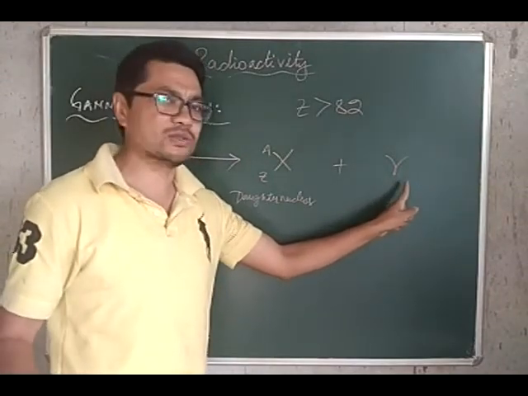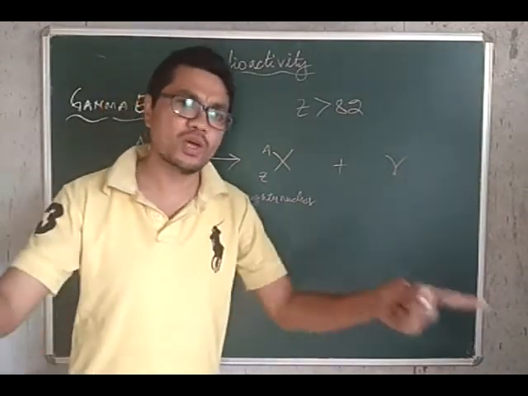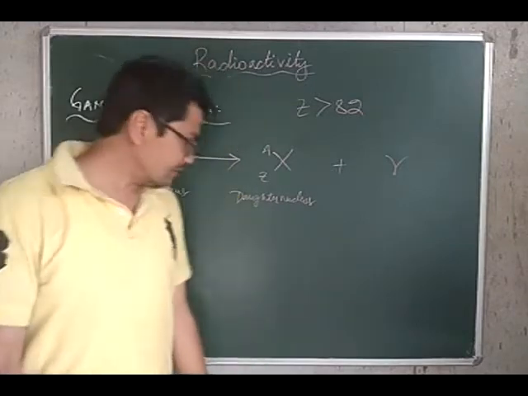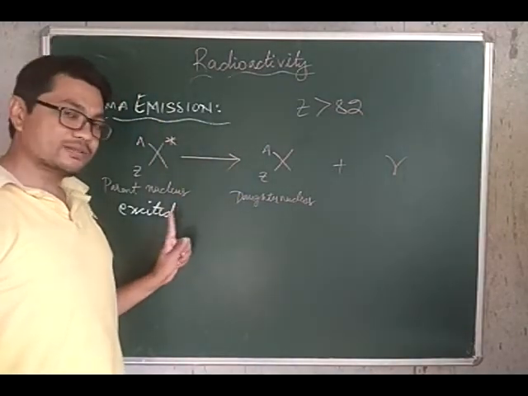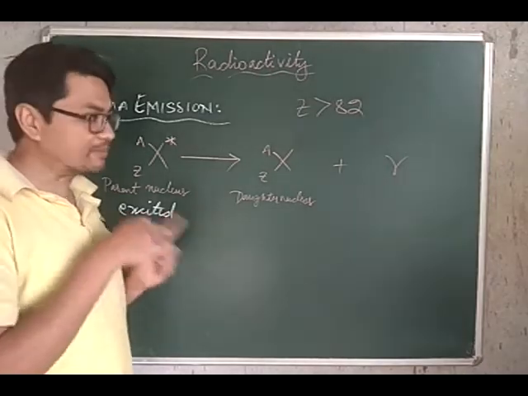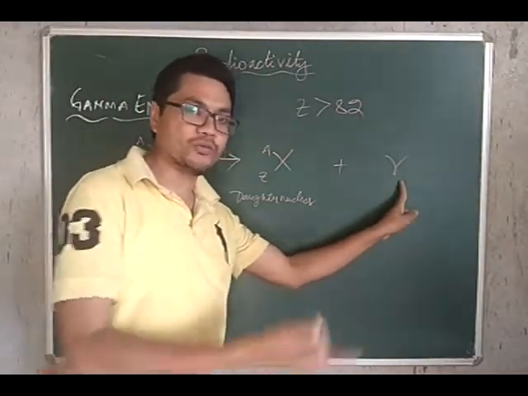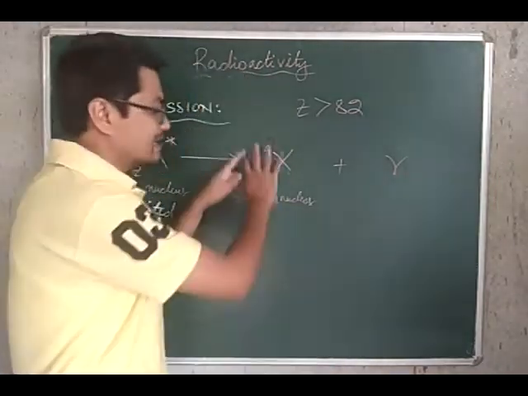Electromagnetic waves are also a form of light and energy. So remember, this excited nucleus, by giving out energy in the form of an electromagnetic ray, becomes stable.